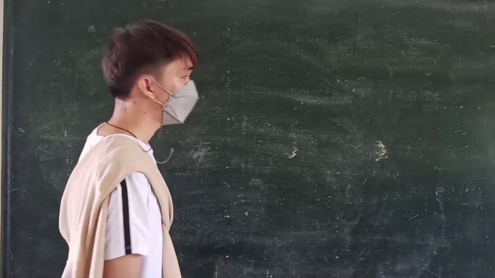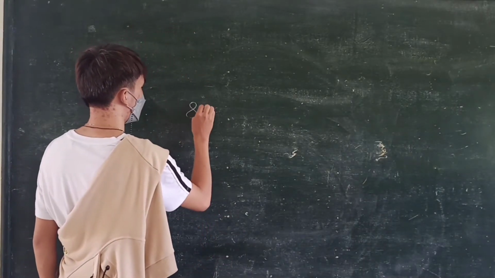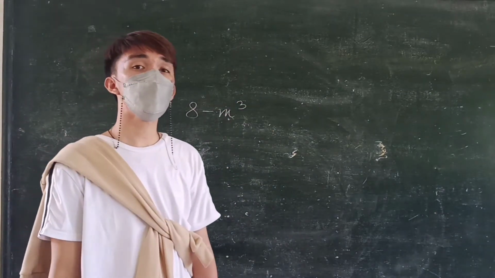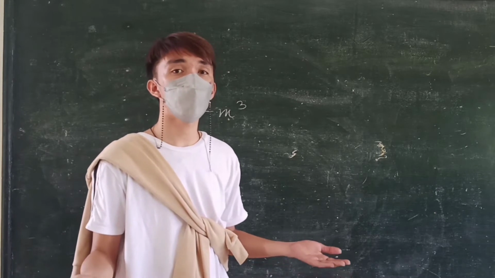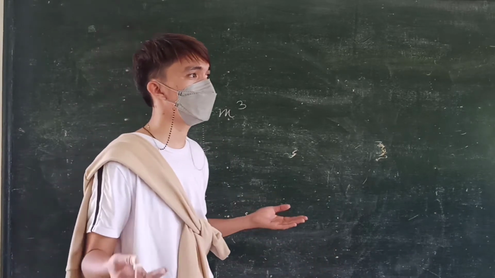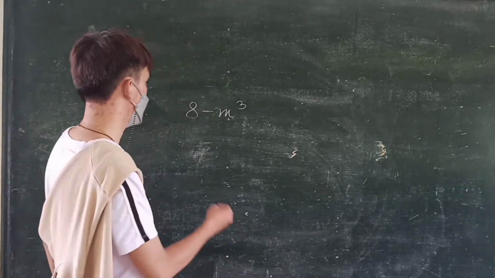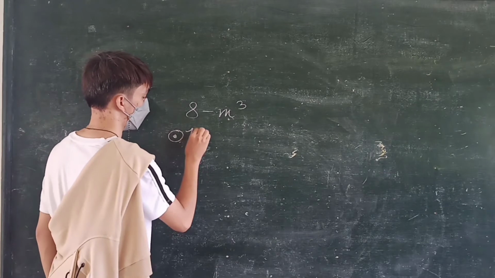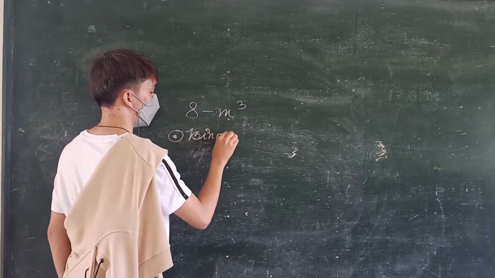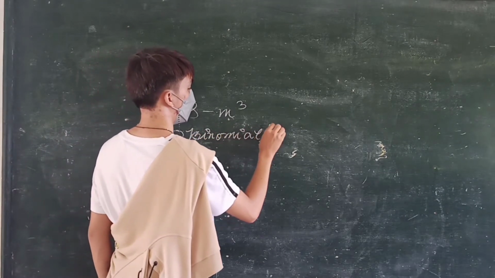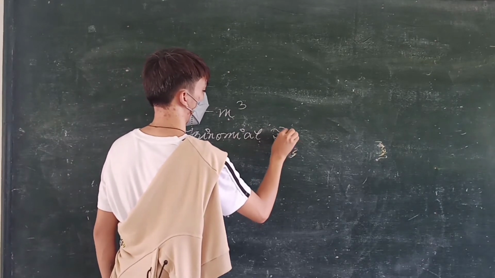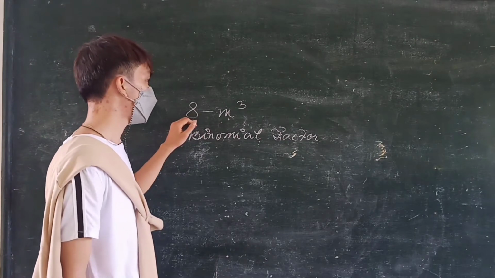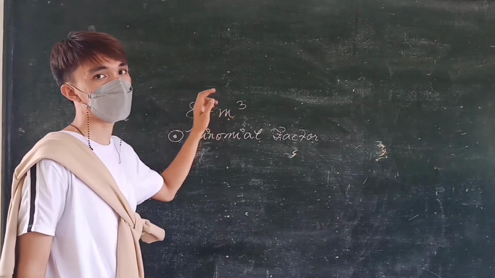Example number 1. We have 8 minus m cubed. So first, we are going to look for the binomial factor. How are we going to find the binomial factor? All we have to do is get the cube root of the first term and the cube root of the last term.